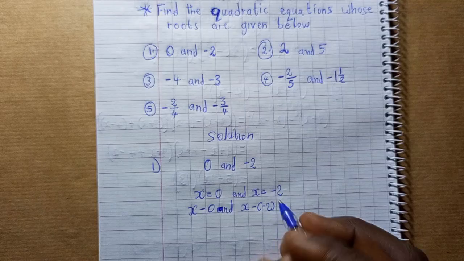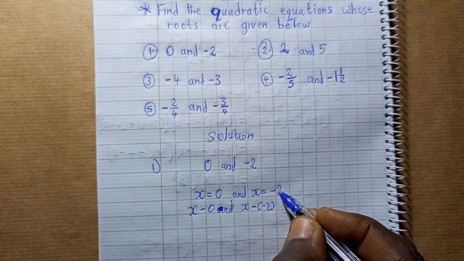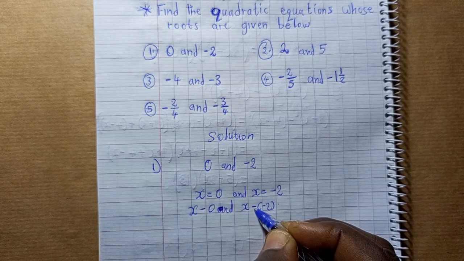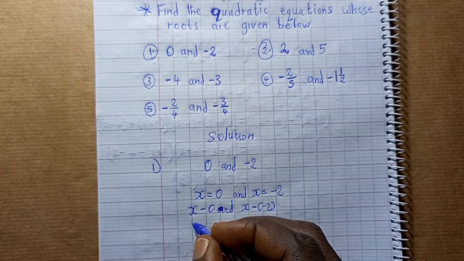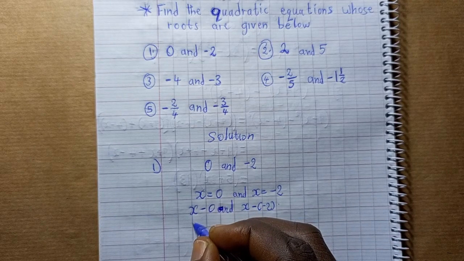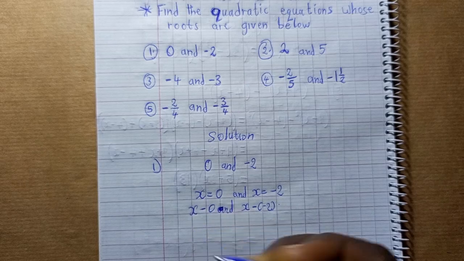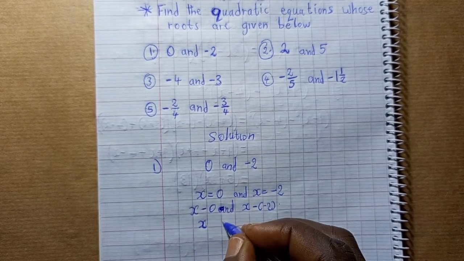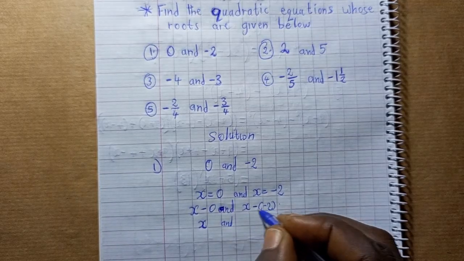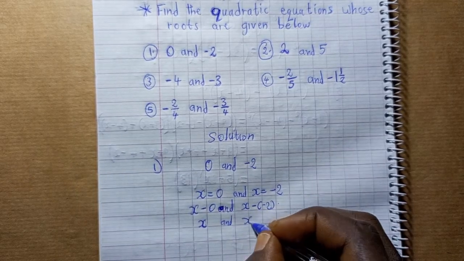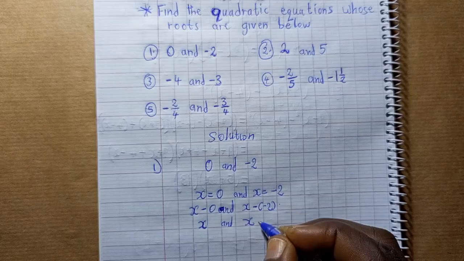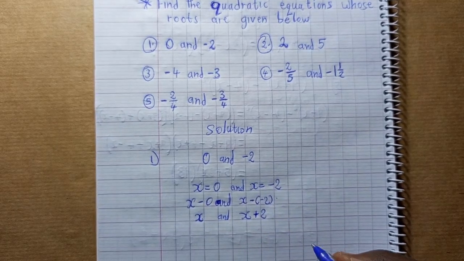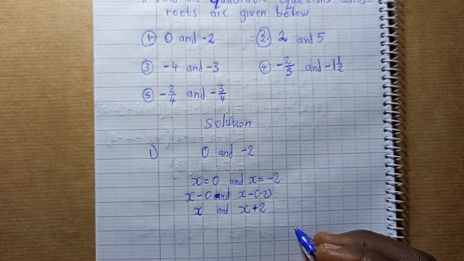Now this one, there is a minus 2 here, and since we are subtracting it from this, this is the minus here. So the next step is to bracket these values. x minus 0 is still x. So I have x left here, and also the next one here is x minus times minus, that is plus, so it turns to plus 2. So this one becomes x plus 2.